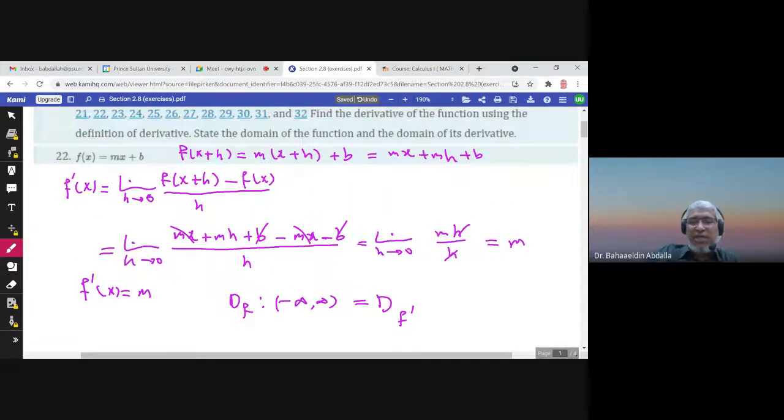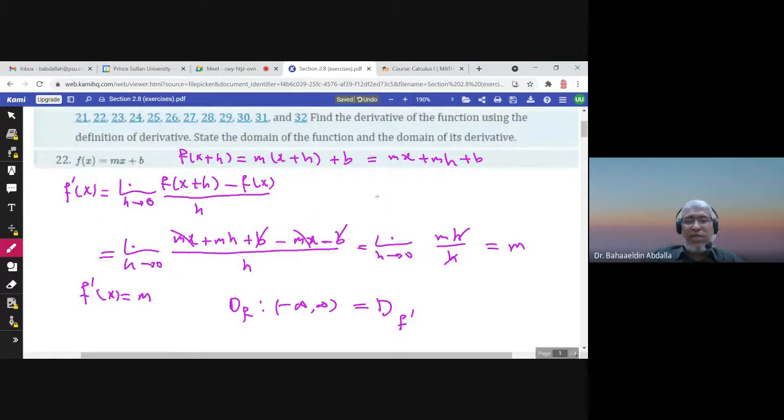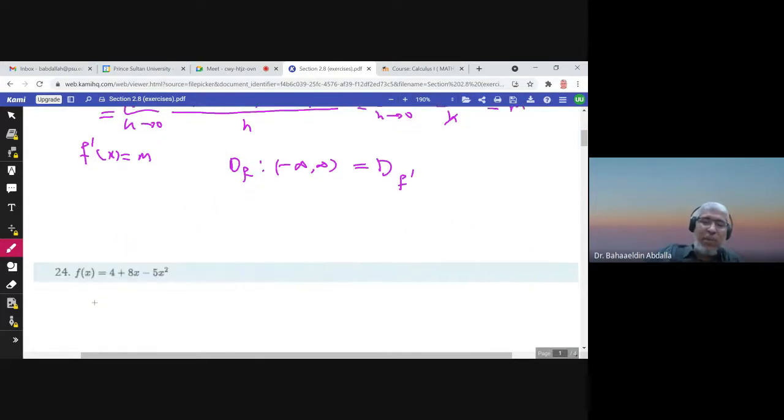And this makes sense because mx plus b is a straight line, and the slope of the straight line is m. And the derivative is the slope of the tangent line. So the tangent line to the straight line is the straight line itself. So the slope should be m, which is the derivative.